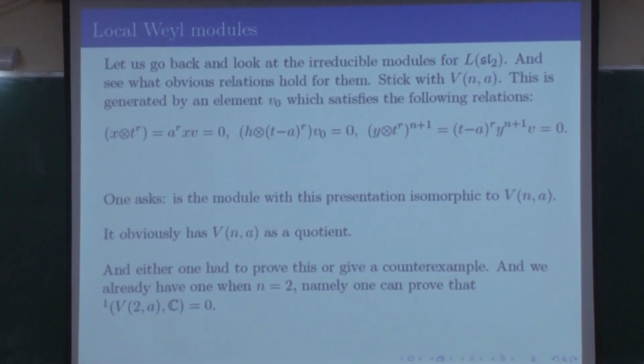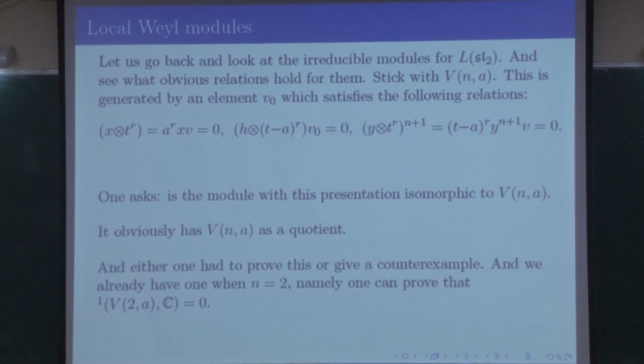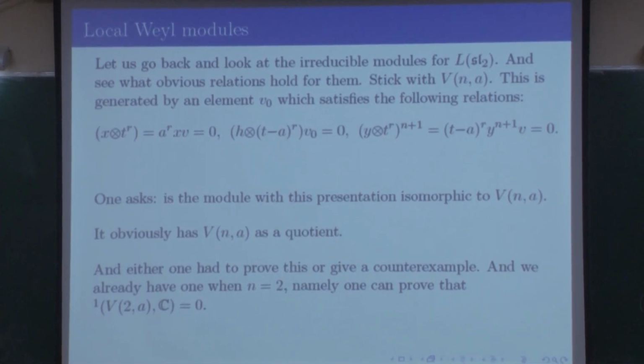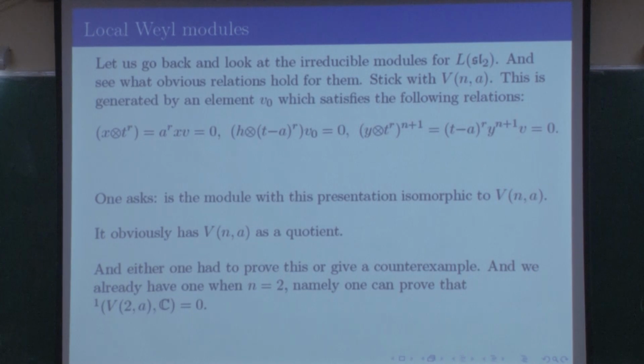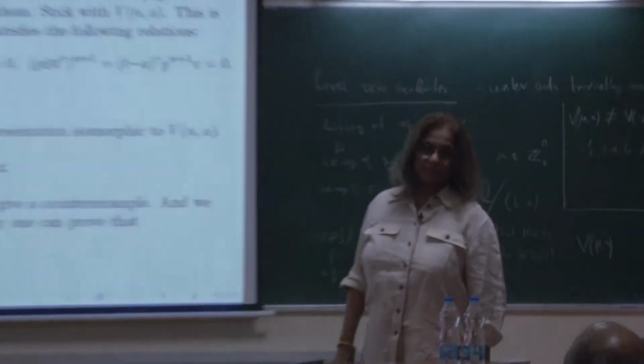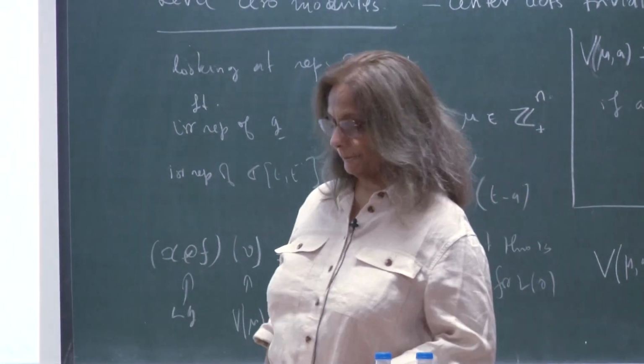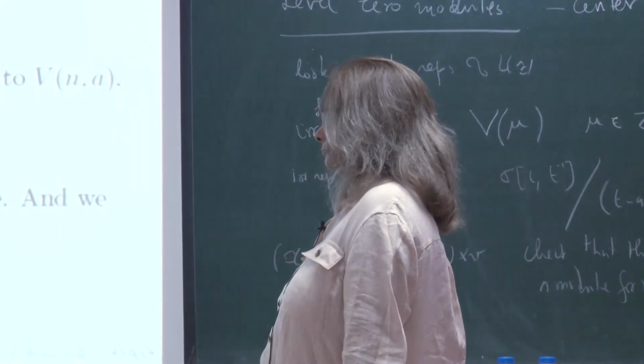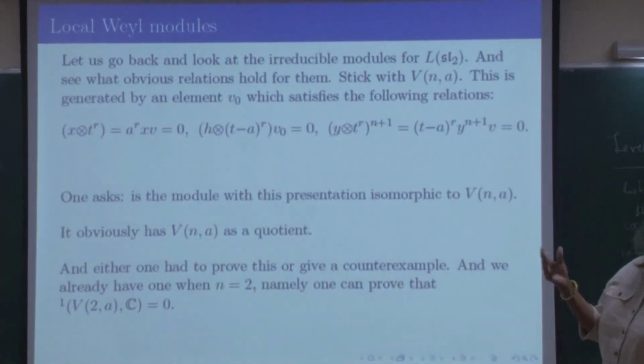But y to the n plus 1 v is the important one. And is that a sufficient condition for the whole loop algebra to act as... It might be, yeah. But you see, in my definition, I didn't use it. I didn't put it in my definition of the local Weyl module, because it implies it, yeah. I don't need that. All those things need a lot of proof.